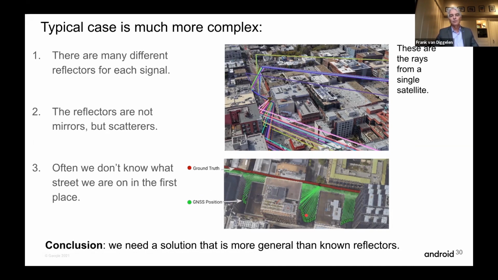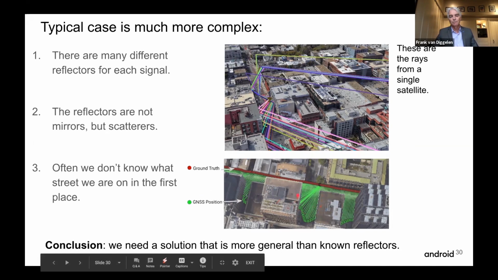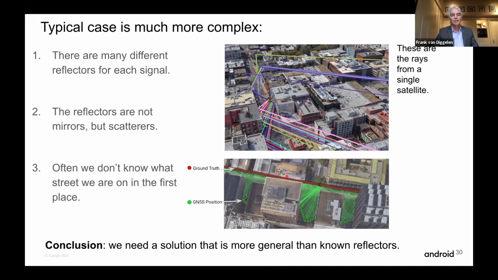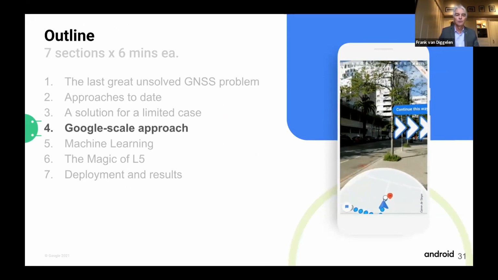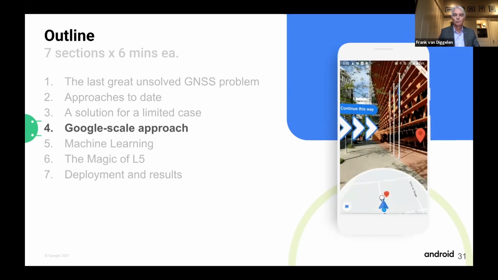So if we were to use the technique I just described, we'd be using these reflectors, which are the wrong reflectors. The signal is not reflecting off these north-south facets of the building. It's reflecting here. And so we need something more general than known reflectors. And so that leads us into the more general solution, which we've implemented at Google and which I will walk you through now.